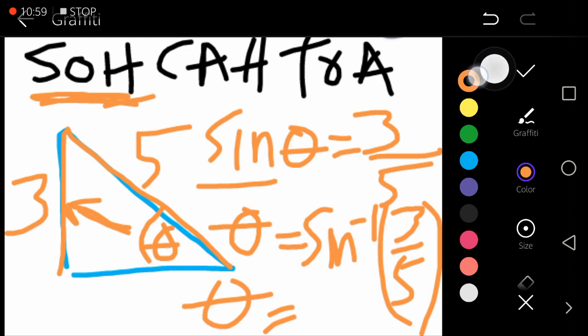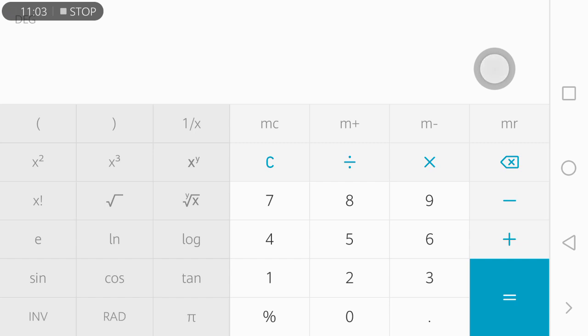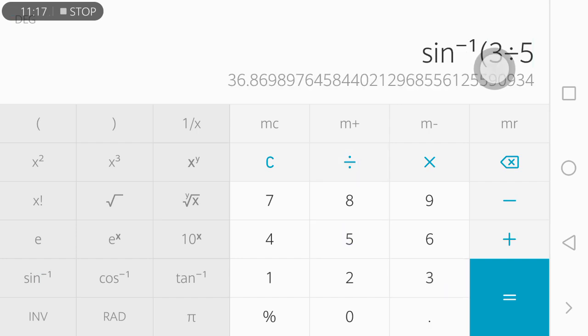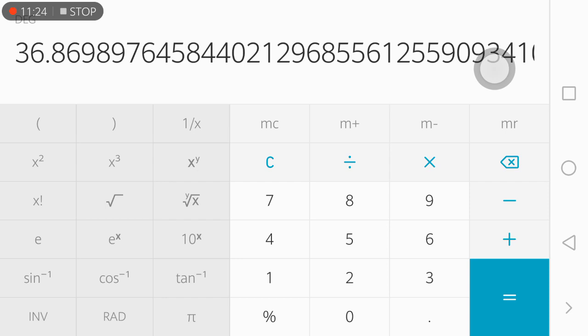Use a scientific calculator. Put the inverse, at the bottom left, then sine, and then 3 divided by 5 equals 36.8, or 37 degrees.